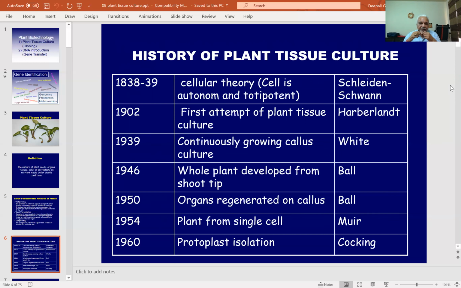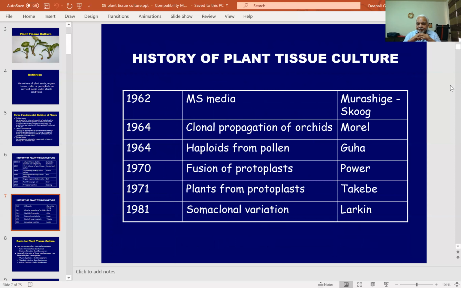Okay, so methods were developed to produce protoplasts, and then around the same time, a more defined synthetic medium was developed by Murashige and Skoog, which had all the components required for plant cells to grow in vitro. So a very well-defined medium. And after that, there are millions and millions of compositions now available.